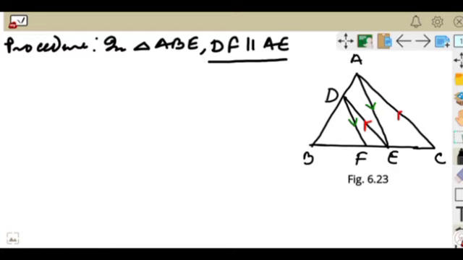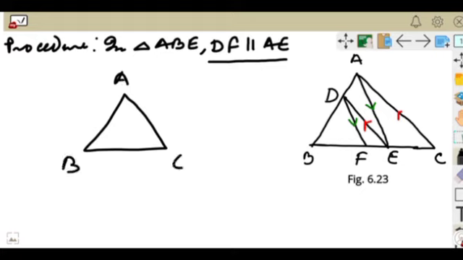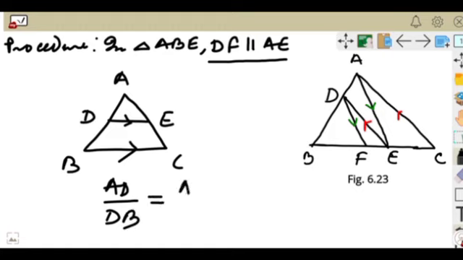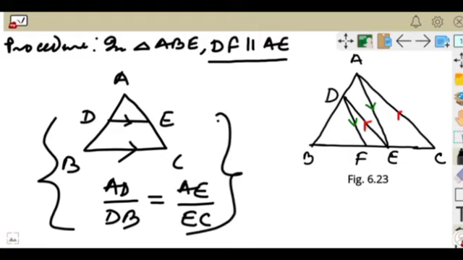So remember your Thales theorem. In a triangle ABC, if DE is parallel to BC, then we can write AD by DB equals AE by EC. This is what we are going to apply in this question.